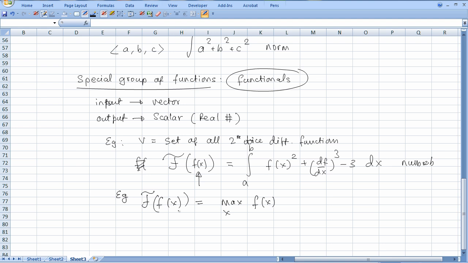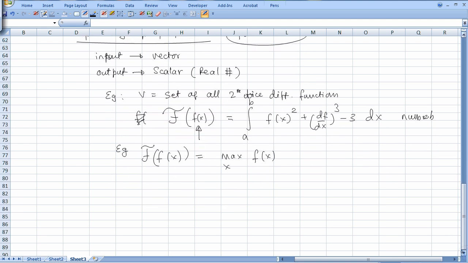So, the fancy name for functions on vectors is operator. So the general name for functions is generally called operators.